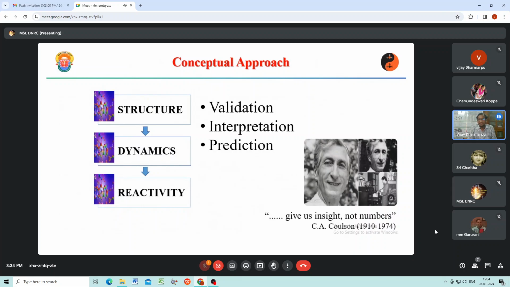For that prediction we need some dynamics. For that dynamics physics principles are used, and similarly we can observe the reactivity and save that material, useful for some other applications.